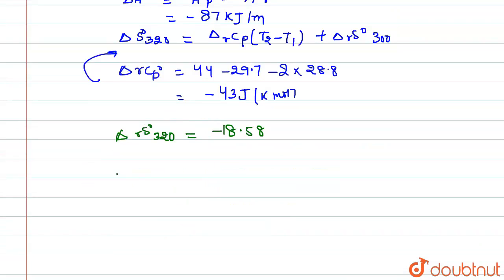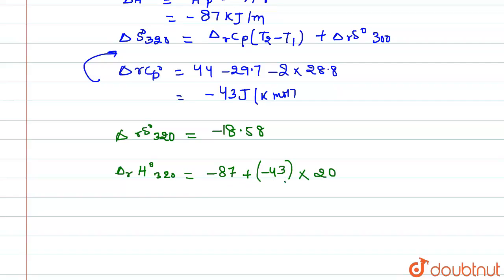Moving further, we are going to calculate the value of ΔrH° at 320, which equals minus 87 plus the value of ΔrCp°, which is minus 43, into the change in temperature, which is 20, because we are putting the value of this in the equation, right?